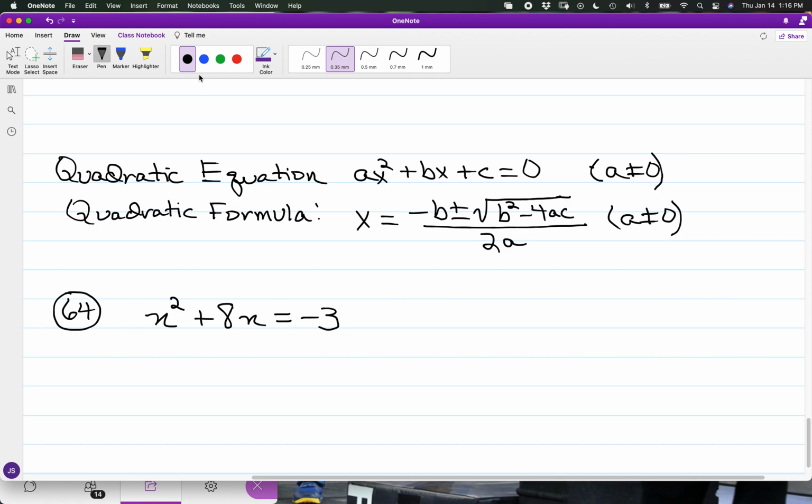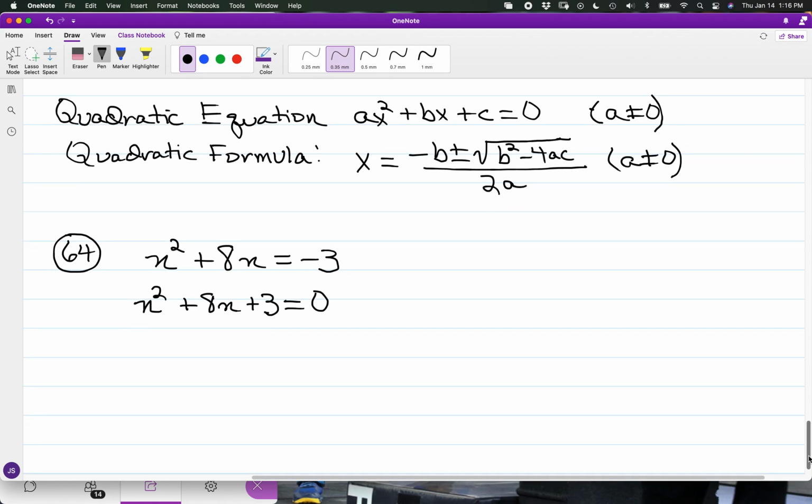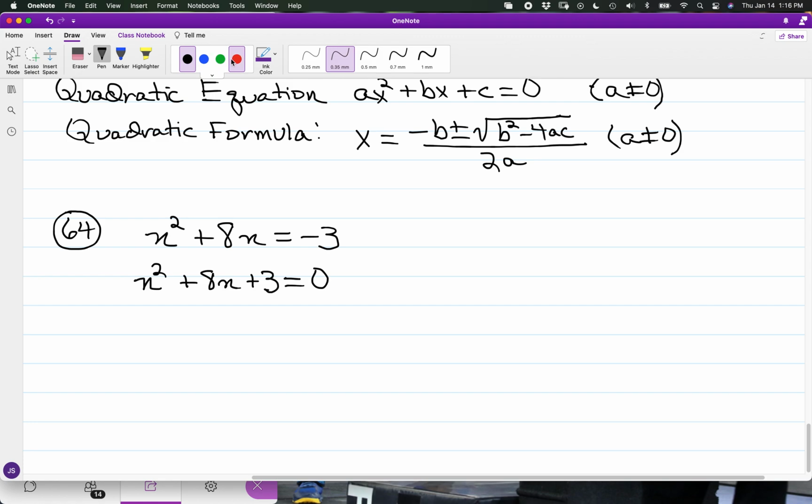And again, if I put this in standard form, just moving the 3 over by adding, we have n squared plus 8n plus 3 is equal to 0. I'll put a little emphasis on this since we're identifying a, b, and c.